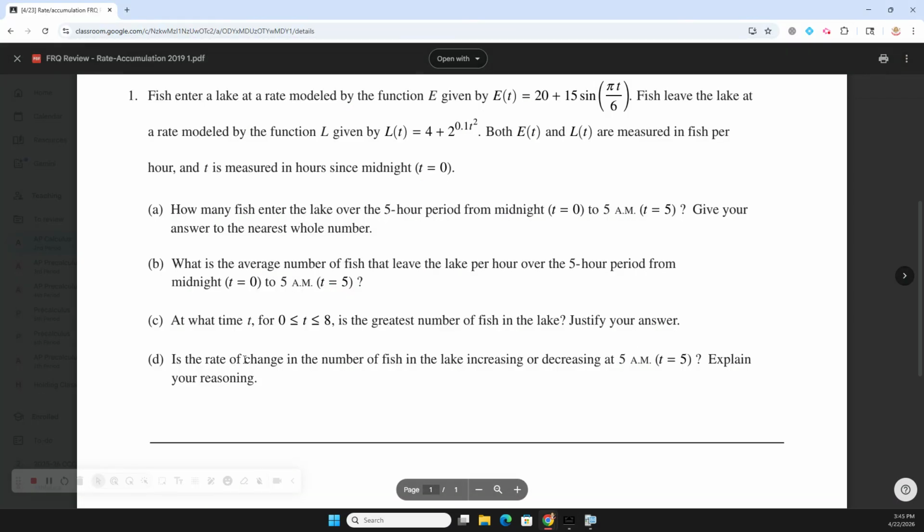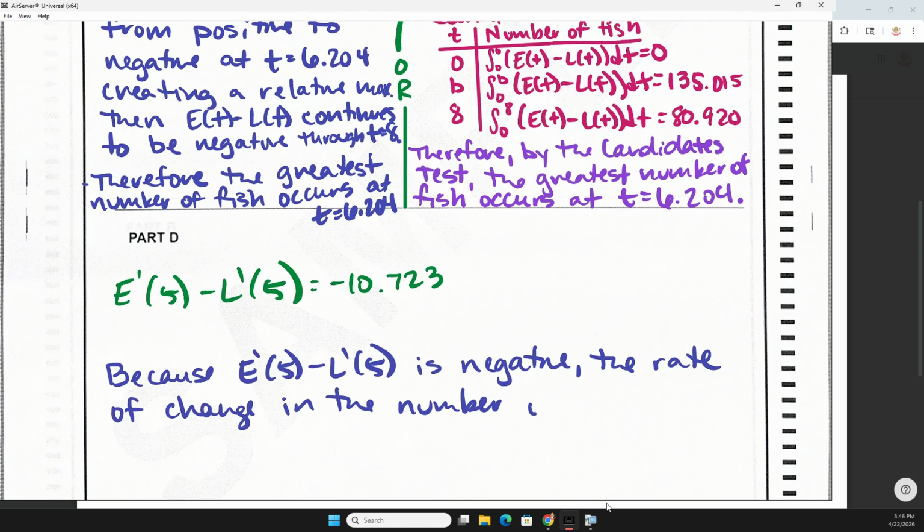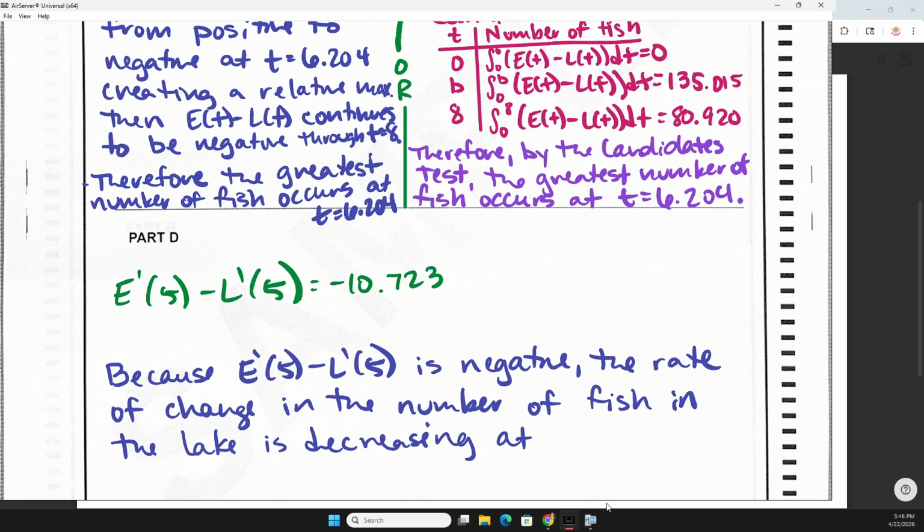We would say the rate of change in number of fish in the lake is decreasing at time t equals 5.